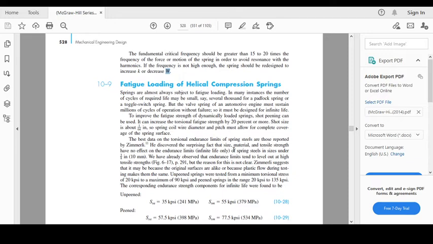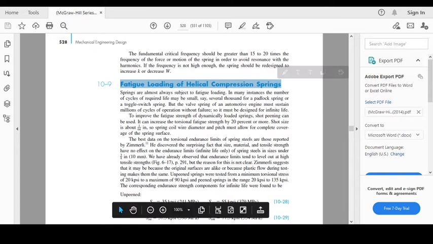Fatigue loading of helical compression springs. The springs are almost always subject to fatigue loading.